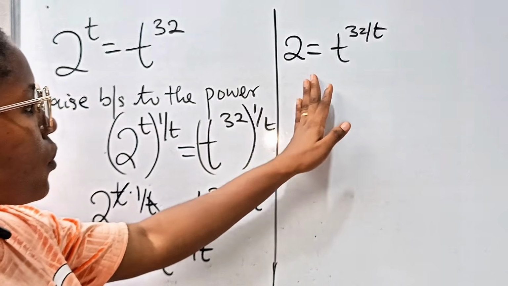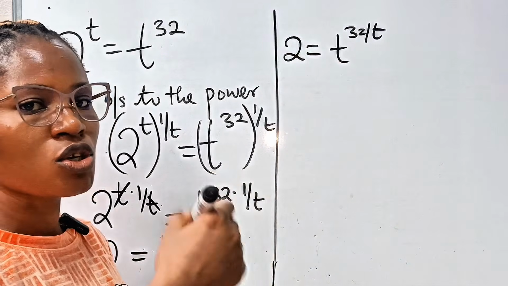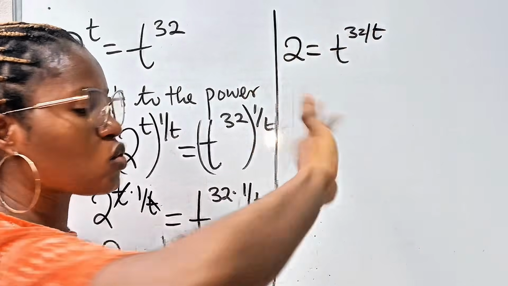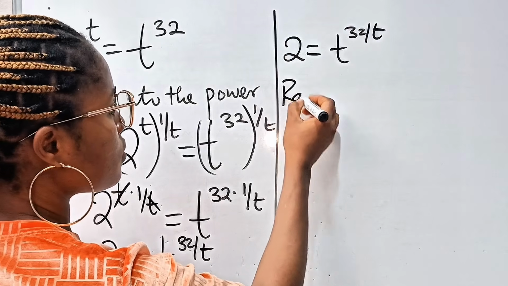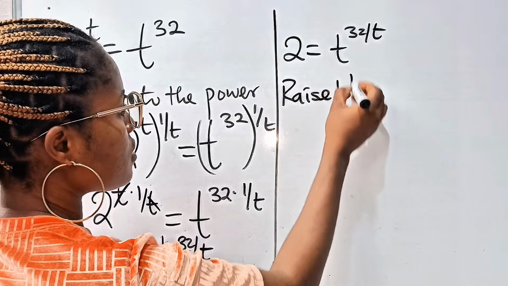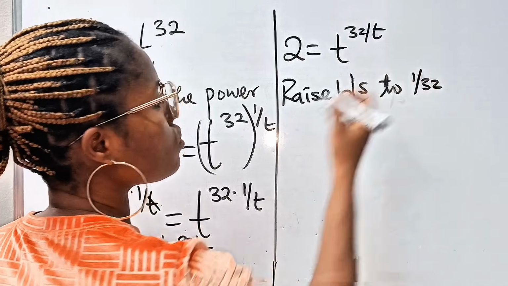Right now, looking at what we have here, remember our intention is to transfer everything concerning t to one side. So to remove this 32, I'll raise both sides to the power of 1 over 32.